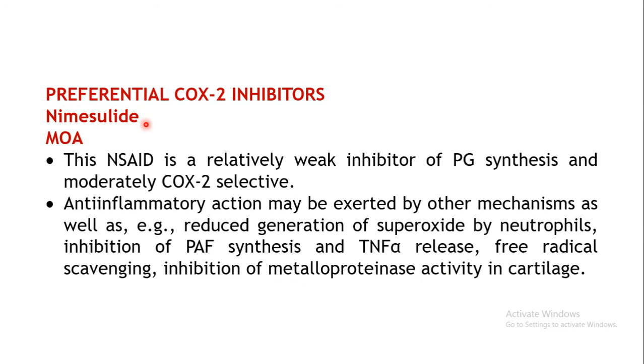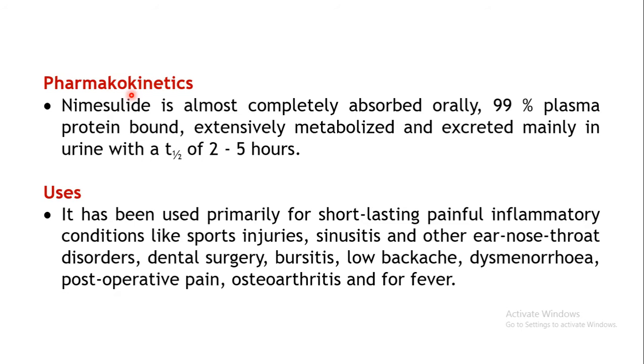So if the question is asked on mechanism of action of Nimesulide, of course you need to explain the inhibition of PG synthesis through COX and its selectivity, plus additionally these are the mechanisms for its anti-inflammatory activity. Then coming to the pharmacokinetics, this drug Nimesulide is completely absorbed orally, and the plasma protein binding is very high, almost 99%.